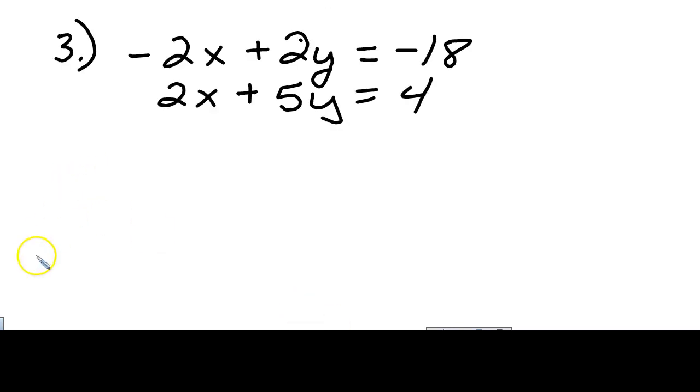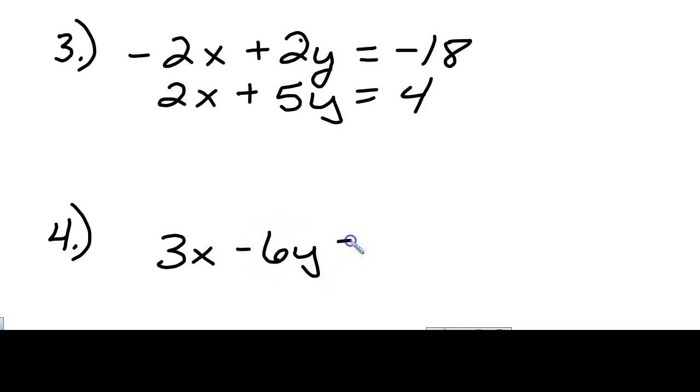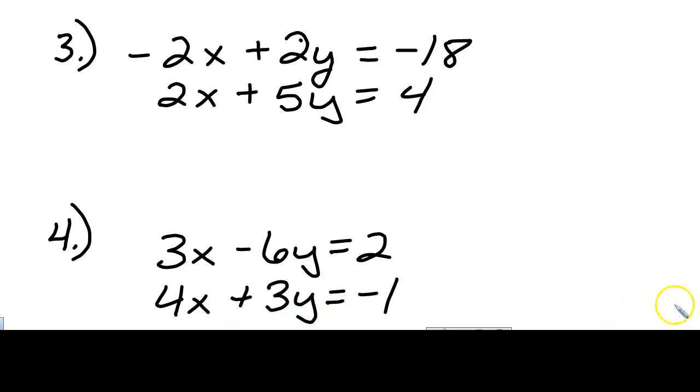Okay. Let's maybe do one more. These are a little more hefty as far as the workload in problems, so you can expect not to be assigned too much, at least in this class for these types. Let's do 3x minus 6y equals 2 and 4x plus 3y equals negative 1. Okay, that'll give you sufficient practice.